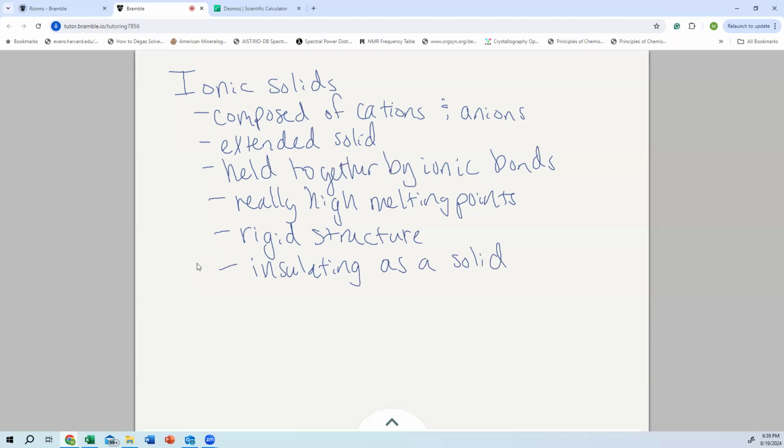To have something that's conductive, it has to have the ability to move charge. However, if you were to melt an ionic solid, you would add enough energy to have freely moving ions.